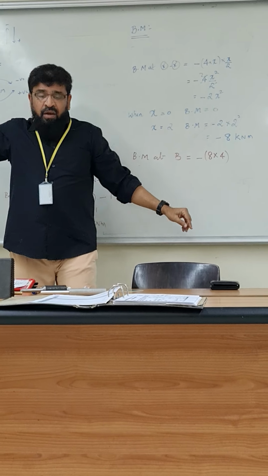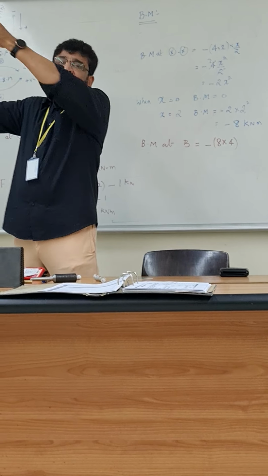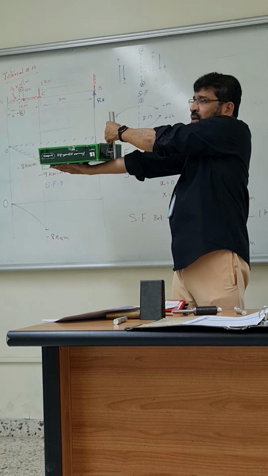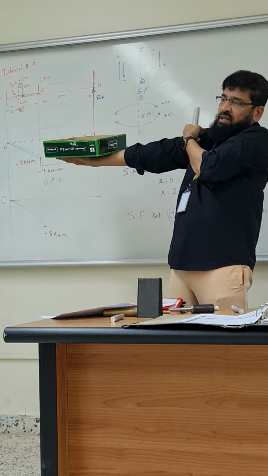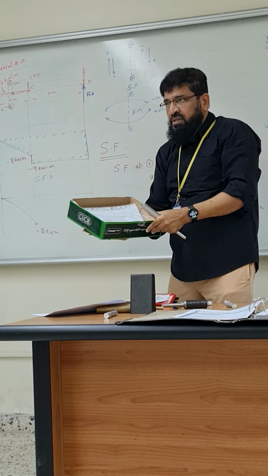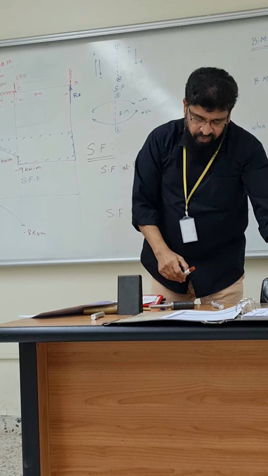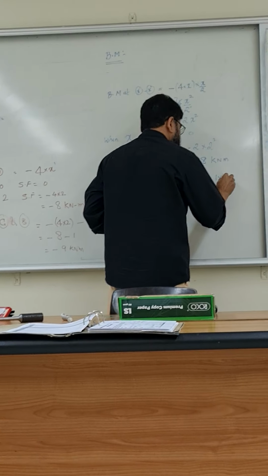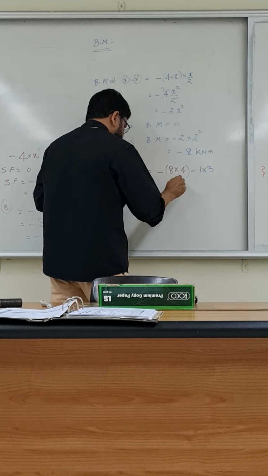Okay. Now there is one more force which is acting here. This force is how much? 1 kilonewton. Does it not? 1 into 3 is 3. Okay. This is also acting down, that is minus. So I will write minus 1 into 3. How much is this?